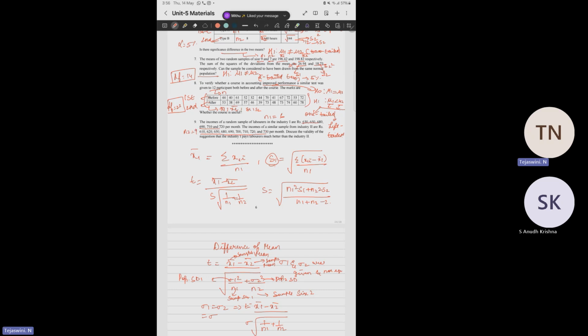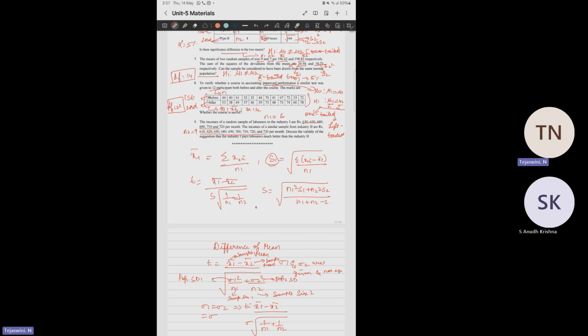From this, using the formulas, we can find x1 bar and the sample standard deviation also. From this, we can find the value of t using these formulas.